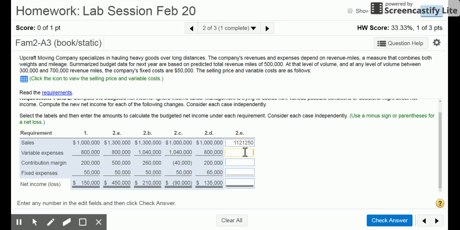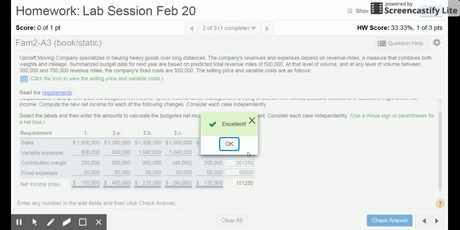So we have 575,000 revenue miles multiplied by 1.6. It will give us $920,000, which leaves us with $201,250. Again, $50,000 of fixed cost, and the last one is $151,250. I will do the rest in the next video.